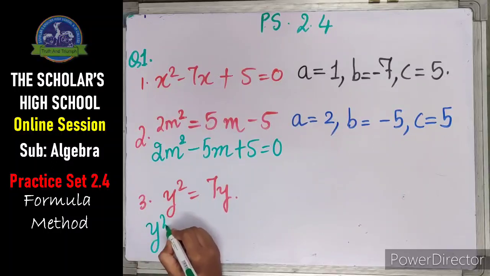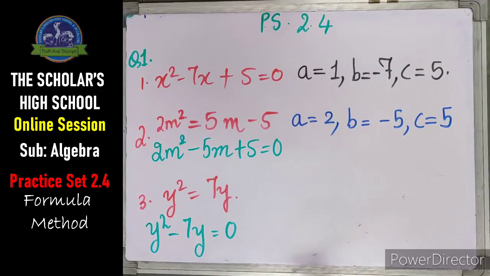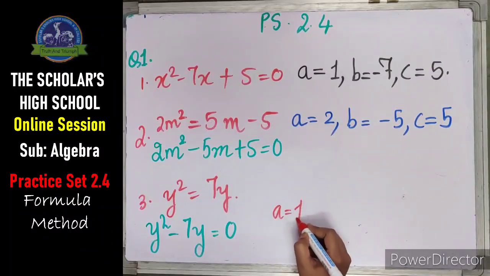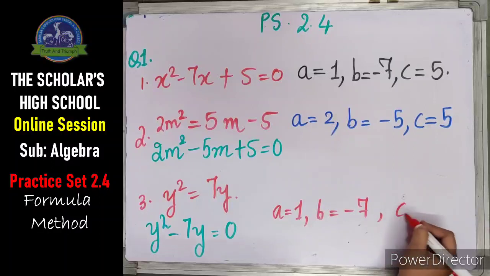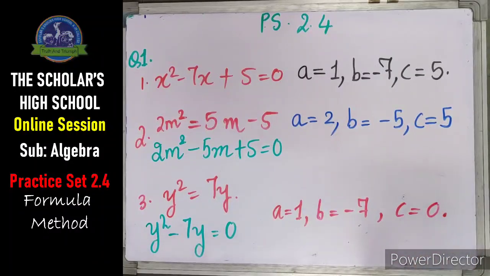So it will be y square minus 7y equal to 0. Now compare it with the standard form. You will get a equals 1, b equals minus 7. As the third term is not there, c equals 0.